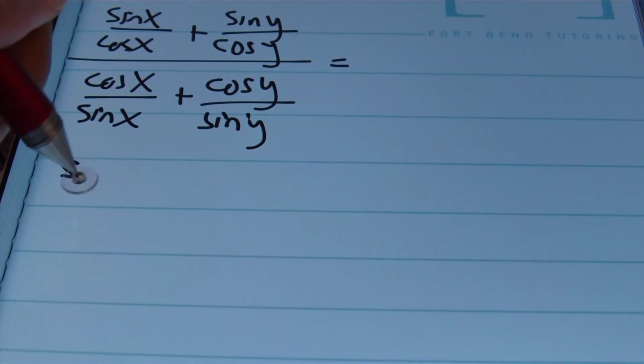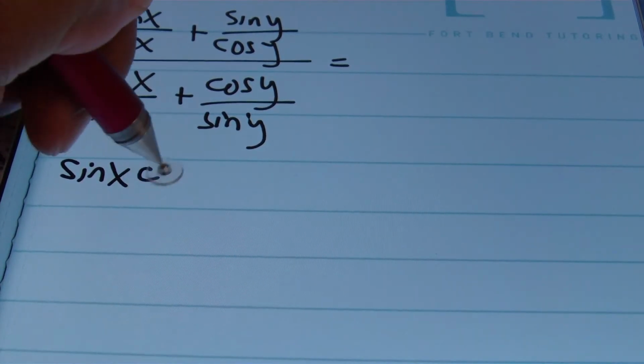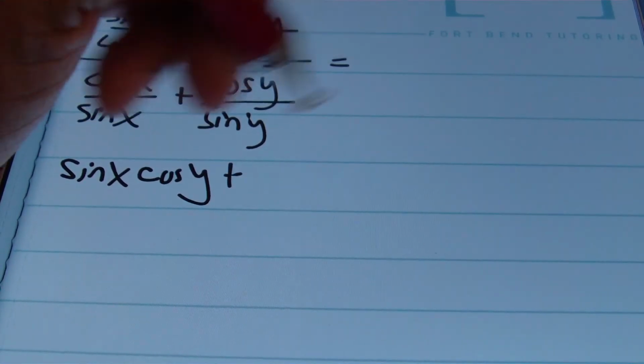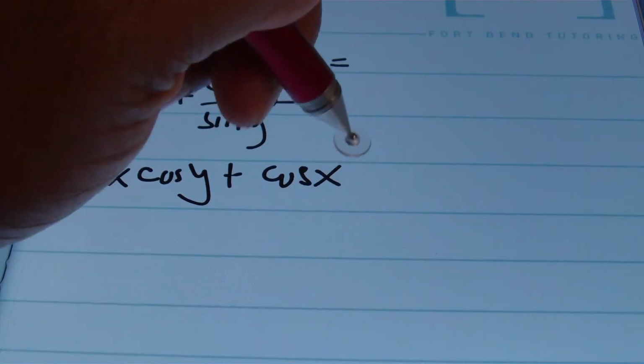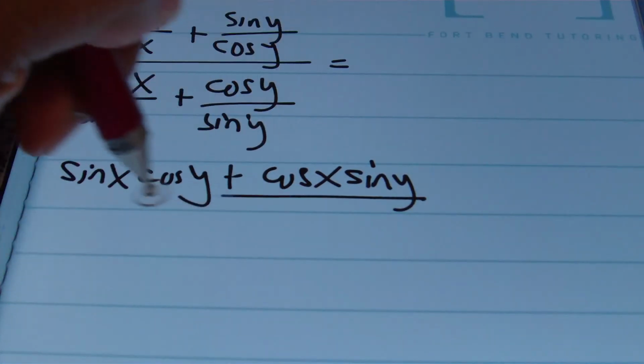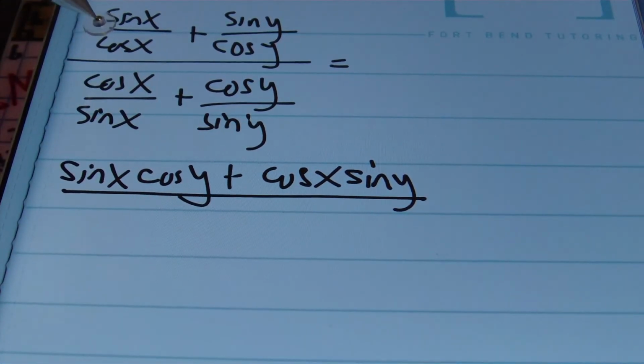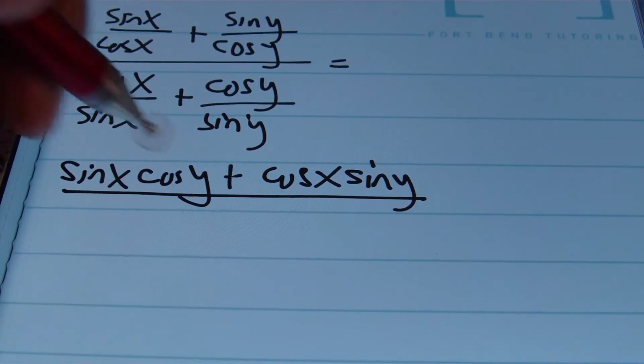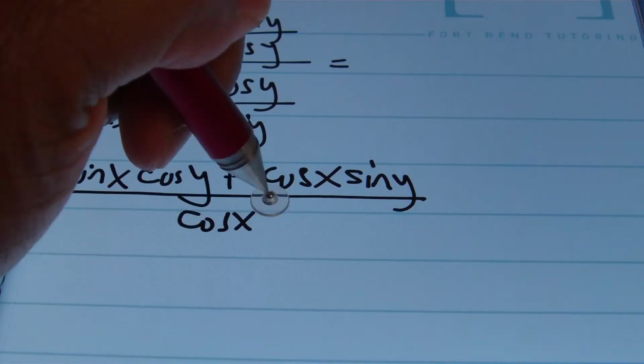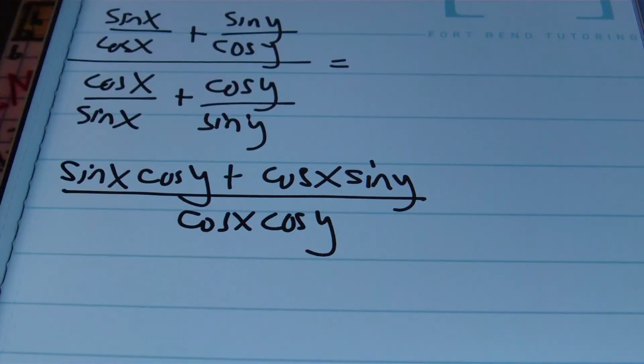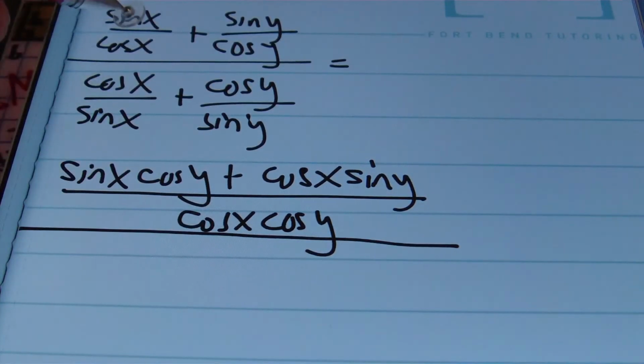So this becomes sine x cosine y plus cosine x sine y all over the numerator's common denominator, which is going to be cosine x cosine y. That's all going to be in the numerator, and this is the result of combining the fractions in the numerator.